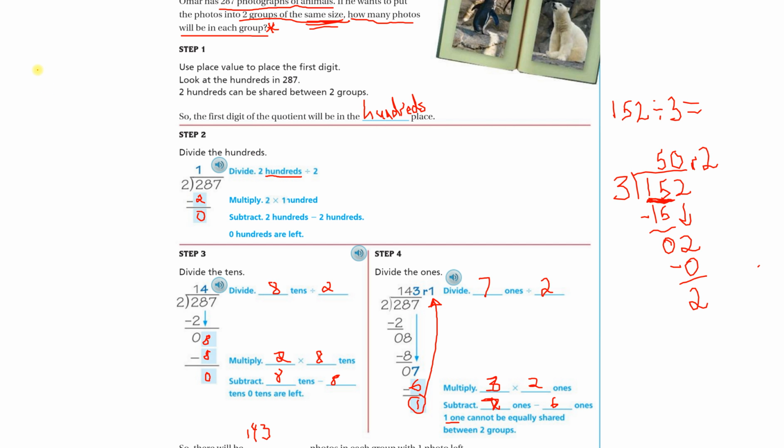Okay, and oh, you know what? Let me write down the steps. So step 1, you're going to divide. Yes, that is a V. Step 2, you multiply. Step 3, subtract.